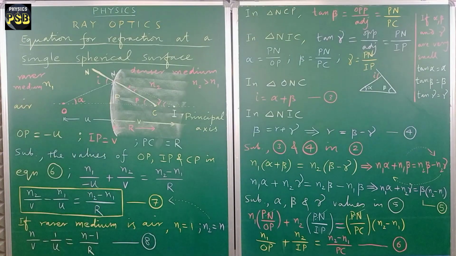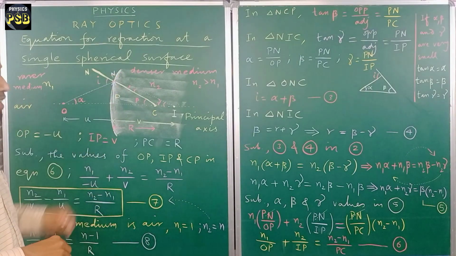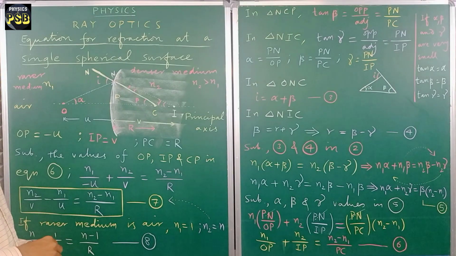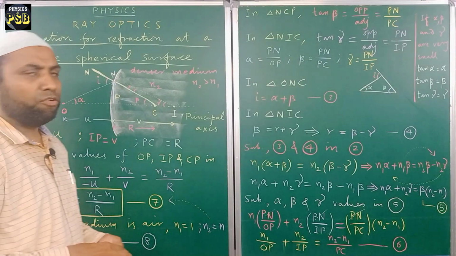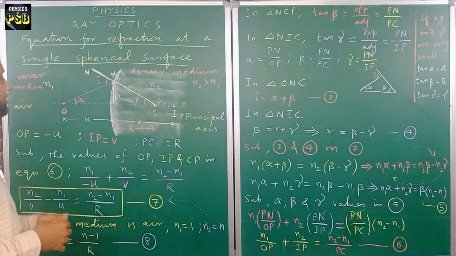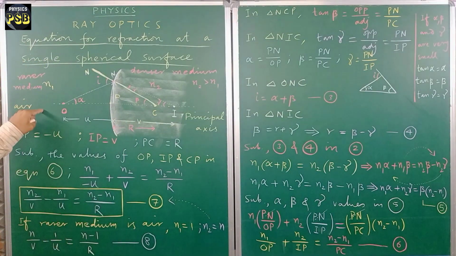If a spherical surface of refractive index N is placed in air, then the relation between V, U and R can be given by equation number 8.